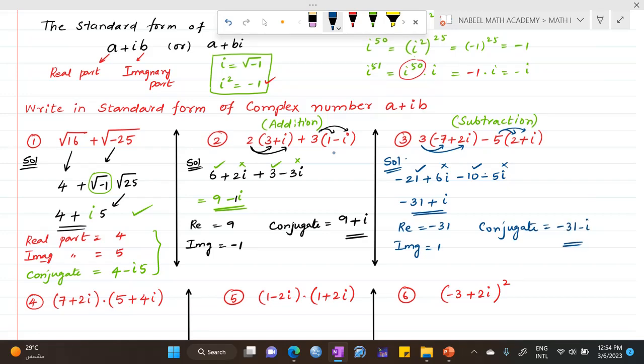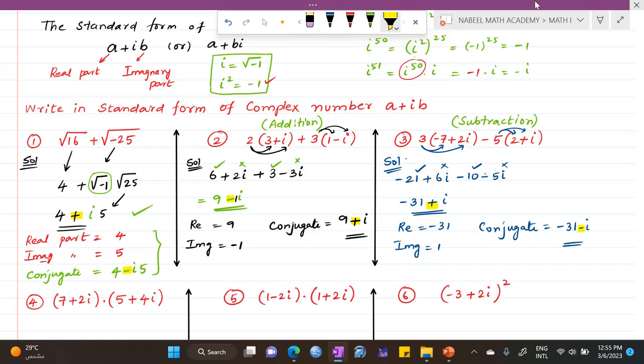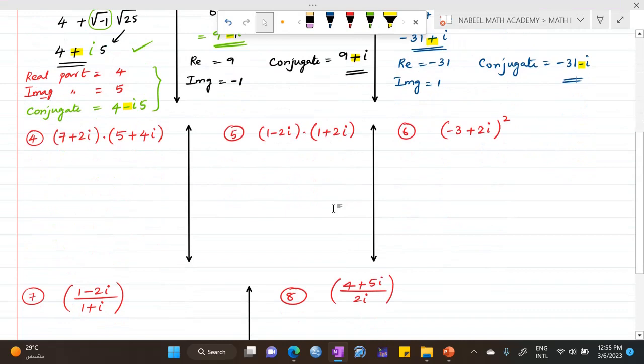So this is the answer. And always for the conjugate, you have to change the sign of the imaginary part, not the real part. So only the imaginary part.